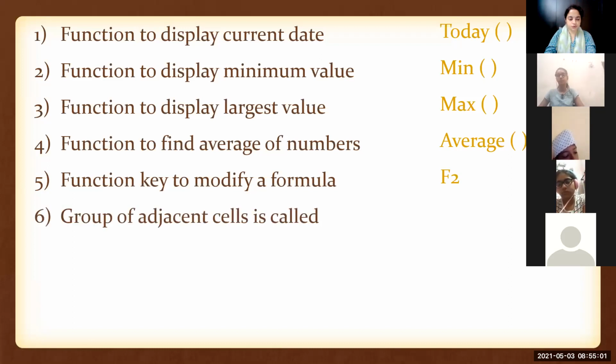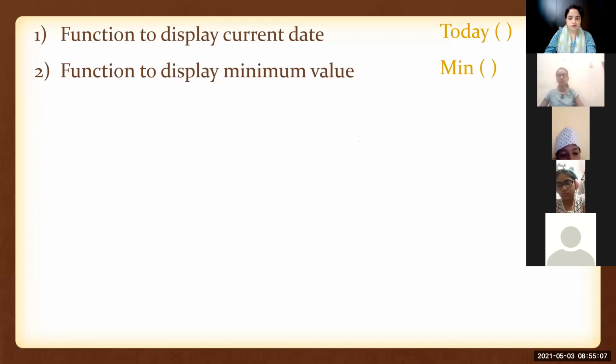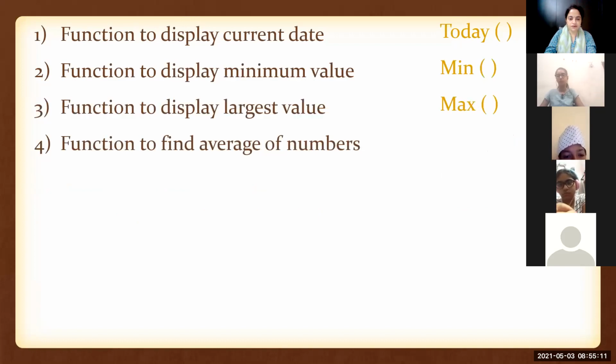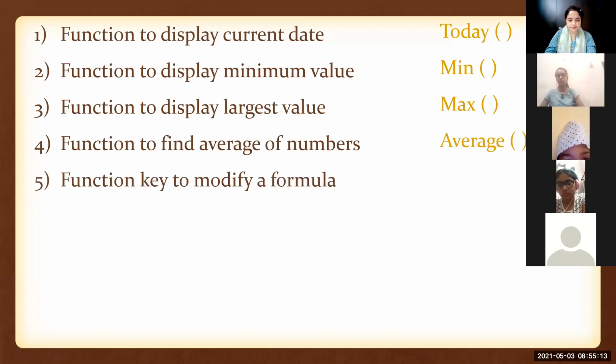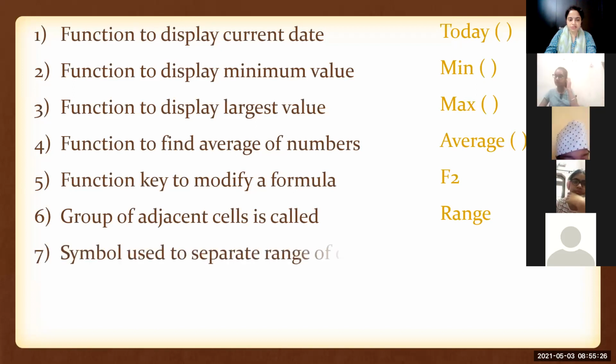That is F2. What do we call the range of adjacent cells? A group of adjacent cells. Range. A group of adjacent cells is called range. A range is given within the functions to perform the calculations. Okay, which symbol is used to separate the range of cells?